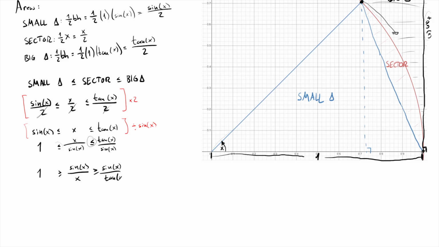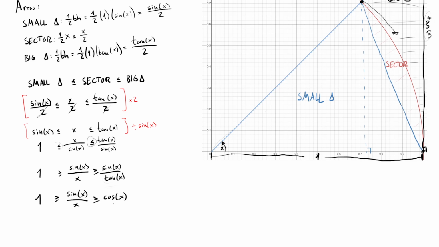And finally, what you should be able to realize is that tan x is just a function of sine and cosine, and so you can simplify this on the right hand side as well. You can just say that 1 is greater than or equal to sine x over x, which is greater than or equal to just cosine x.